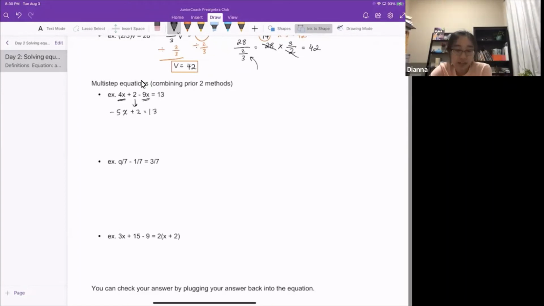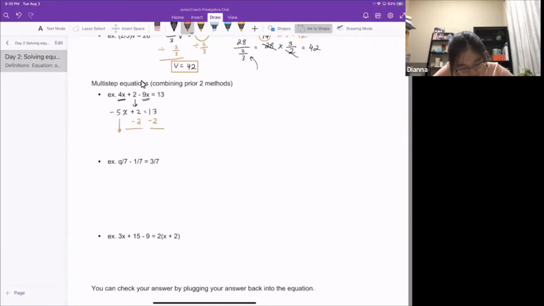And so if I want to get x by itself first, I'm going to try to first subtract 2 here and subtract 2 on the other side as well. Because remember, whatever we do to one side, we have to do to the other side. And I don't touch the negative 5x.